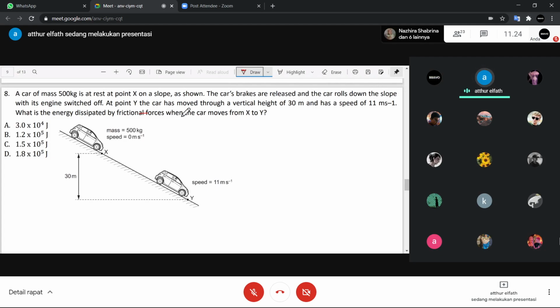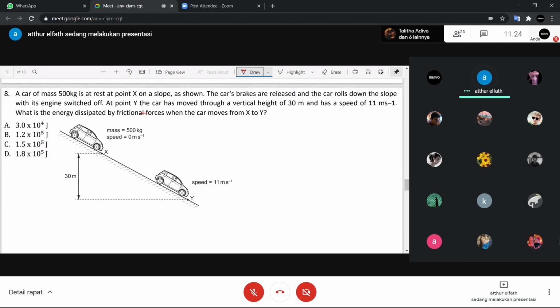Basically, the question is the same as number 5, which means we will use the same way to find the energy dissipated by frictional forces.